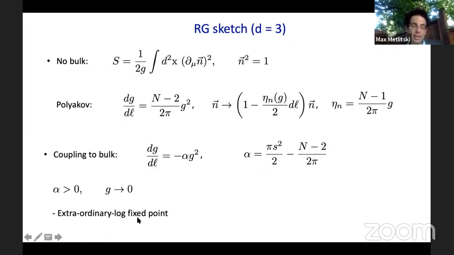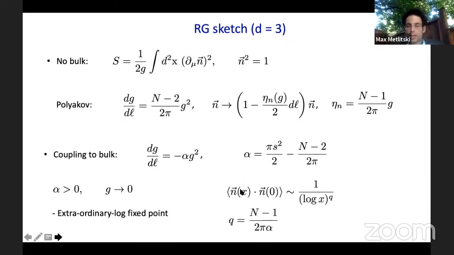At this fixed point, we can integrate the RG equation for n, the Callan-Symanzik equation, if you wish, and this is the behavior of the two-point function of n that we obtain. Indeed, it decays as logarithm of separation to a power q, and this power is related precisely to alpha. Okay, so this is the advertised extraordinary log fixed point.